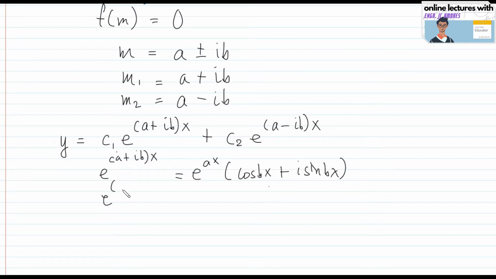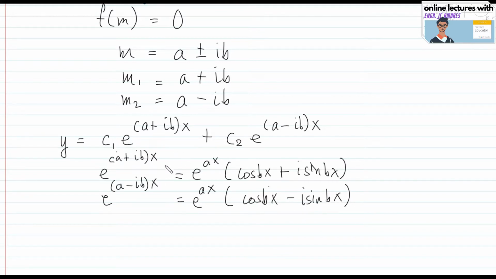Of course, e raised to a minus ib times x will also be equal to e raised to ax times the quantity cosine bx minus i sine bx.